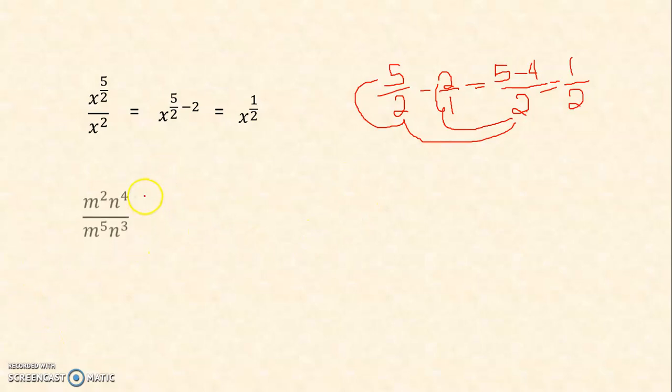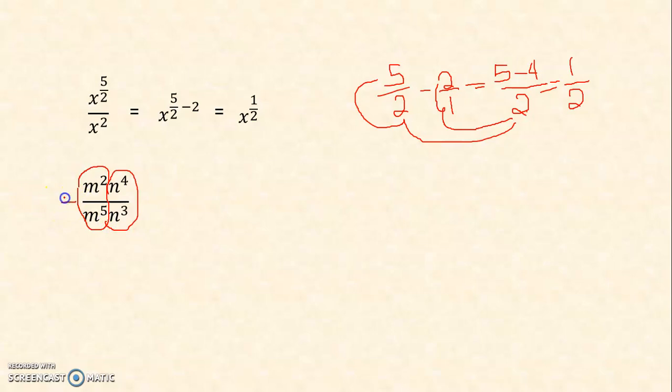Next, we have here m raised to 2 n raised to 4 divided by m raised to 5 n raised to 3. In this expression, we have two variables in the numerator and the denominator. In order to simplify this, we need to concentrate on the same variables, m, and then n.